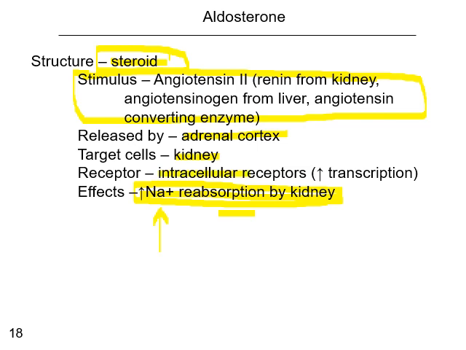The receptors for aldosterone are intracellular, just like the receptors for cortisol, because the steroid hormone is amphipathic enough to diffuse through the cell membranes of the kidney cells and increase transcription of specific genes, leading to increased sodium reabsorption.